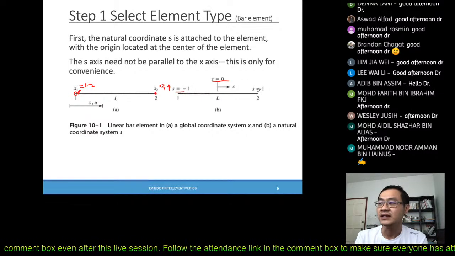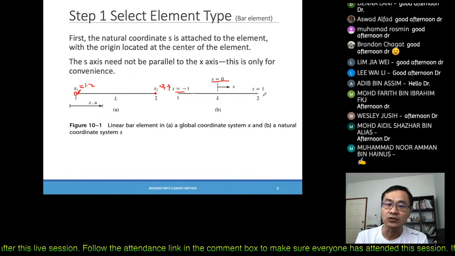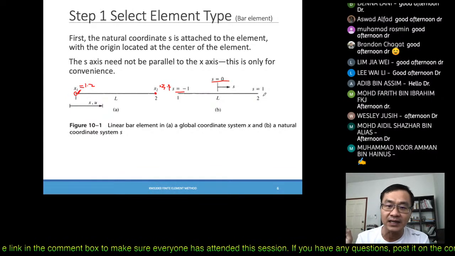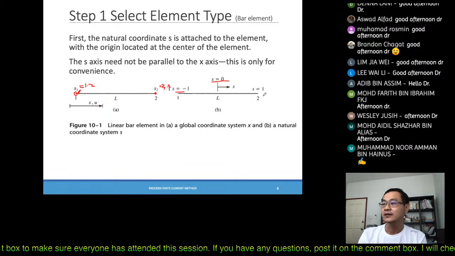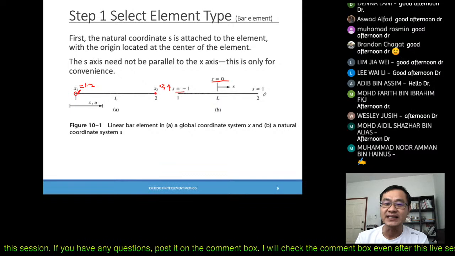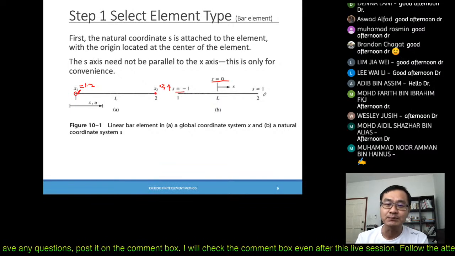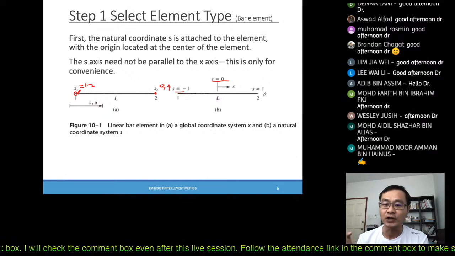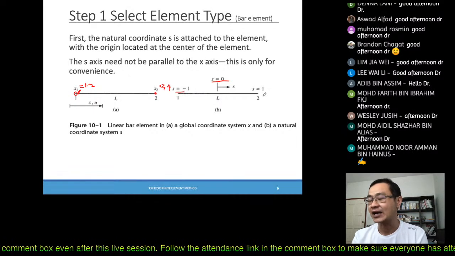So it becomes like a localized coordinate system for that particular element. It will be much easier if we do it this way before we map back to the original global coordinate, right?